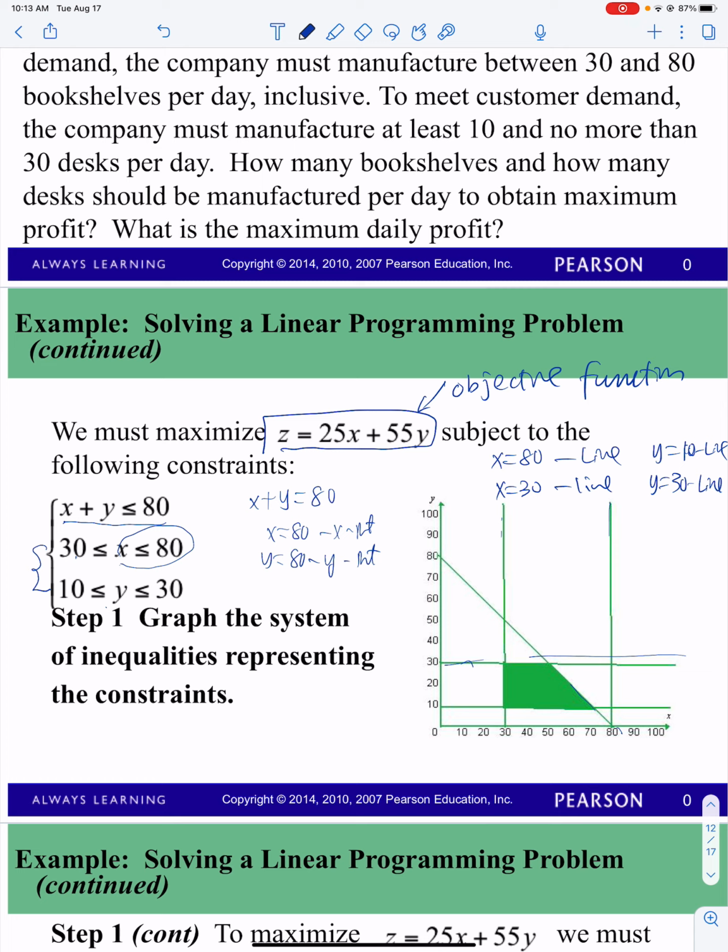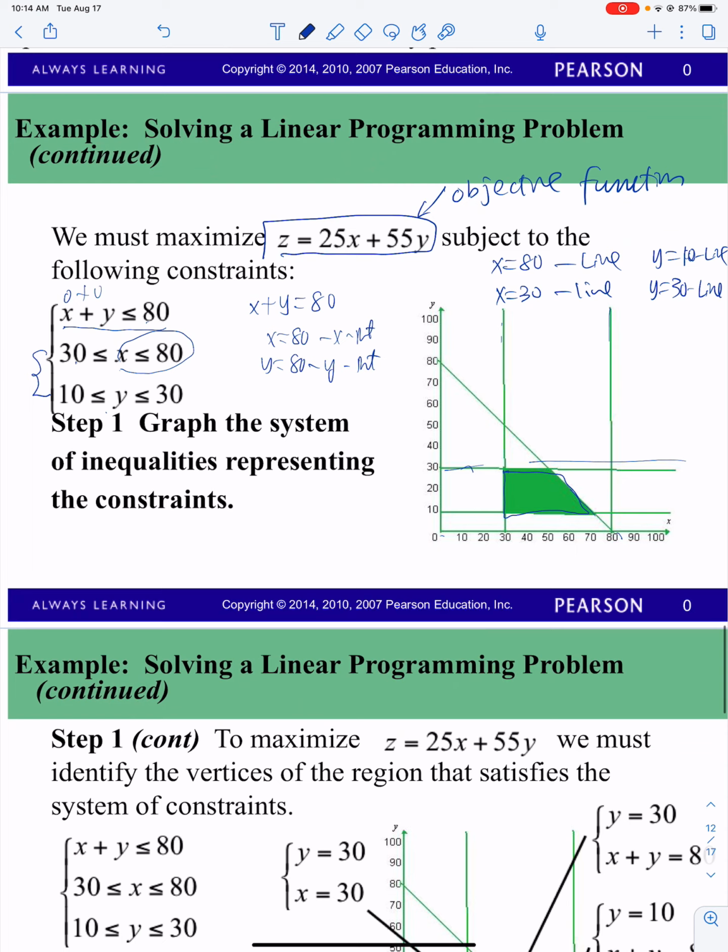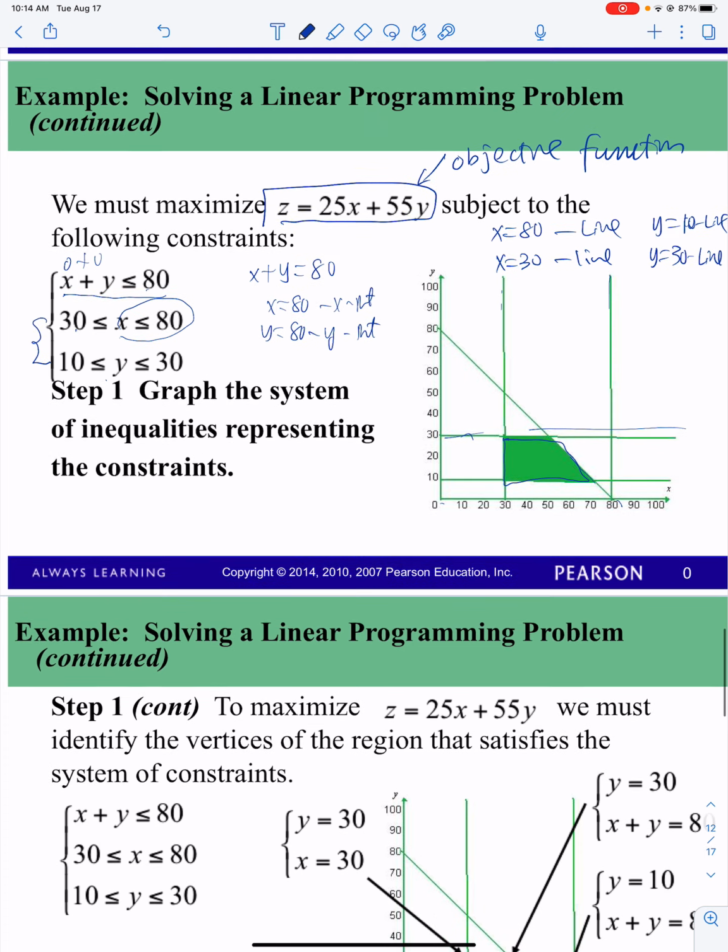Then after testing values, you have to use a test value, and you choose 0, 0. With all these, you will know that the intersection is right here.